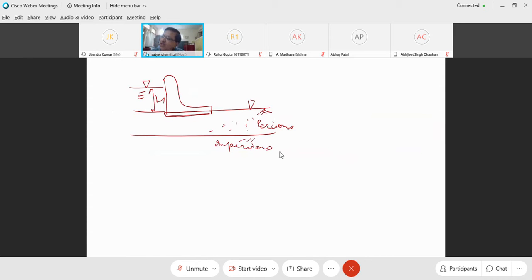So there is bound to be a flow line like this. Flow will start taking place from here. It may reach here. It will be another flow line. There can be one more. And then you have to draw the flow line as I have shown in this.